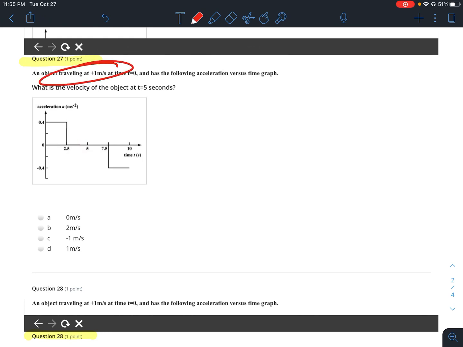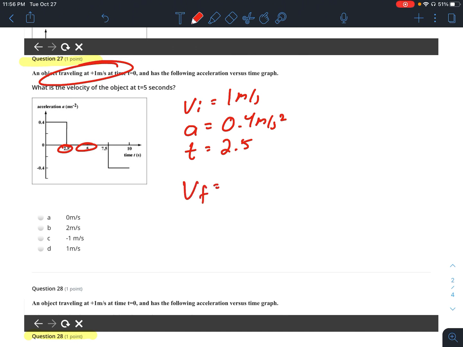Since we know some other information, our initial velocity was 1, our acceleration was 0.4 meters per second squared. We're moving for 5 seconds, but we're only accelerating for 2.5. So technically the time that we're focused on is 2.5, because the velocity at 2.5 and 5 is the same, because there's no acceleration, meaning no change in velocity. So we can use this equation.